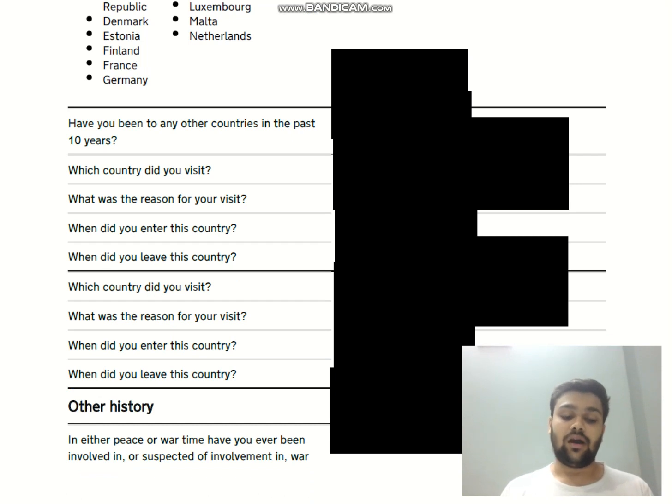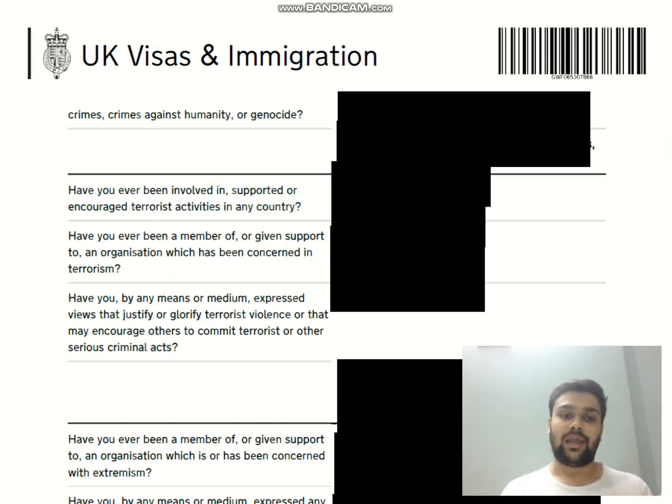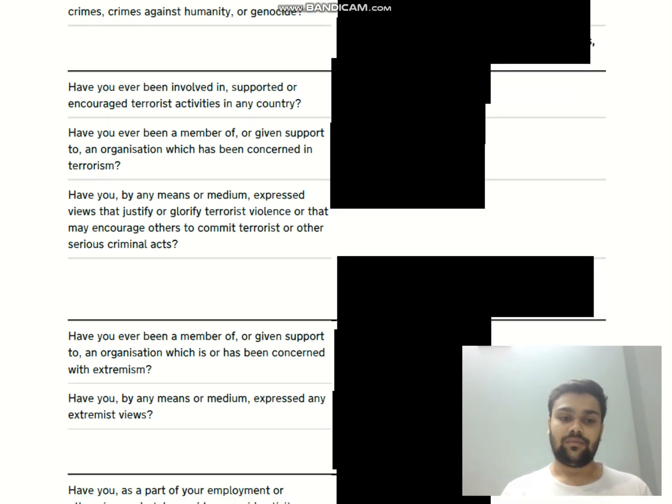Then comes other history. In either peace or wartime, have you ever been involved in or suspected for involvement in war, crime, crimes against humanity, or genocide? Have you, by any means or medium, expressed views that justify or glorify terrorist violence or that may encourage others to commit terrorist or other serious criminal acts?